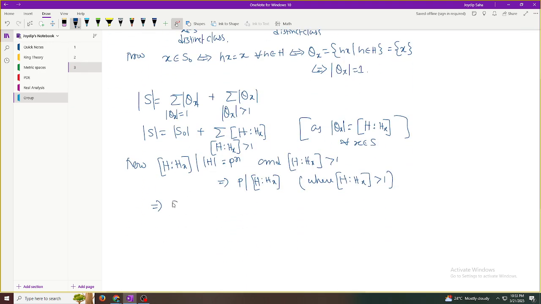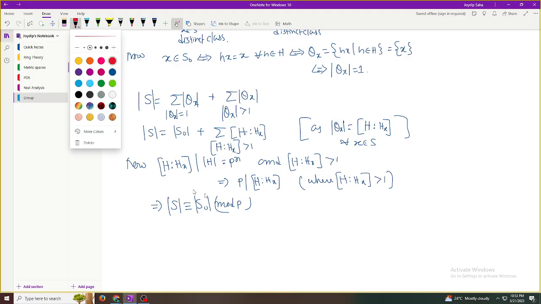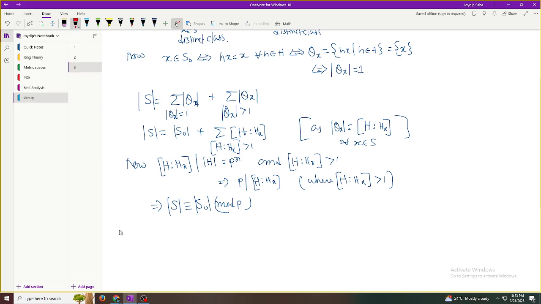So this implies the cardinal number of S is congruent to S0 modulo p. So now this result can be used to prove this theorem.